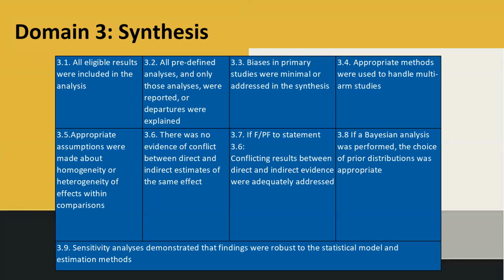There was no evidence of conflict between direct and indirect estimates of the same effect. And then the next question goes on to that: if you've answered false, then conflicting results between direct and indirect evidence were adequately addressed. 3.8: if a Bayesian analysis was performed, the choice of priors was appropriate. And 3.9: sensitivity analyses demonstrated that findings were robust to the statistical model and estimation methods.